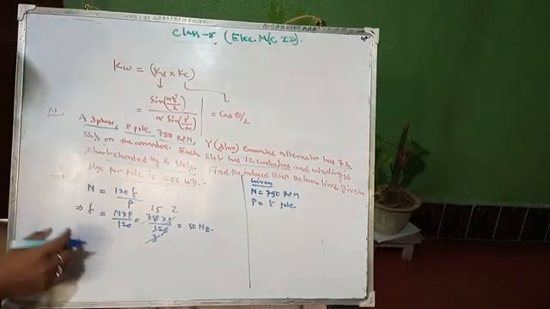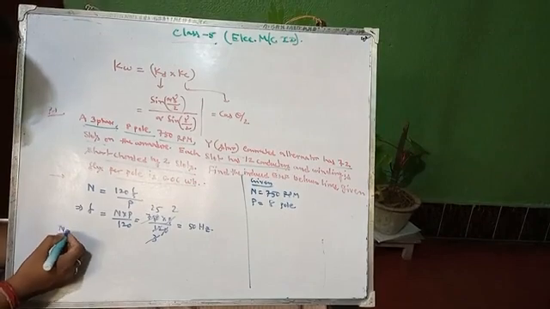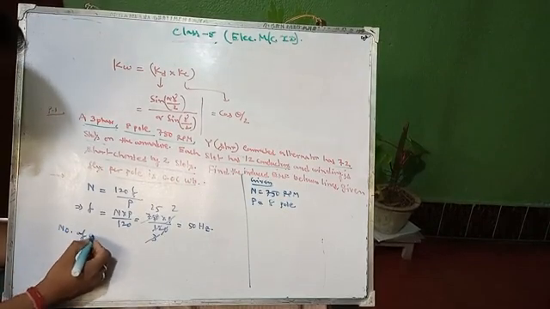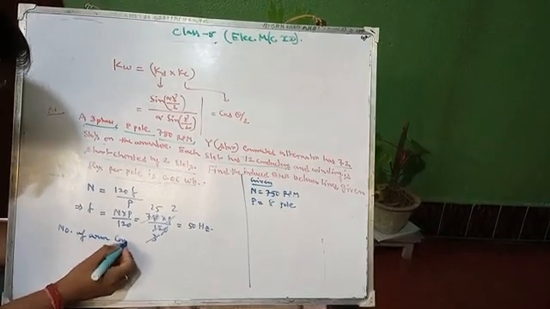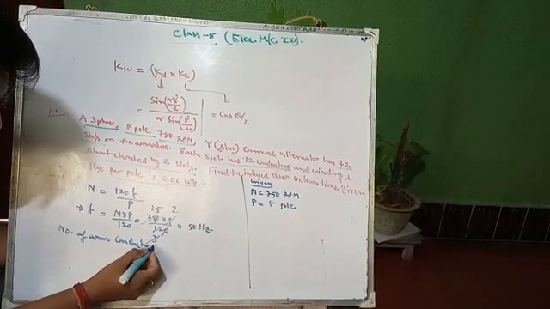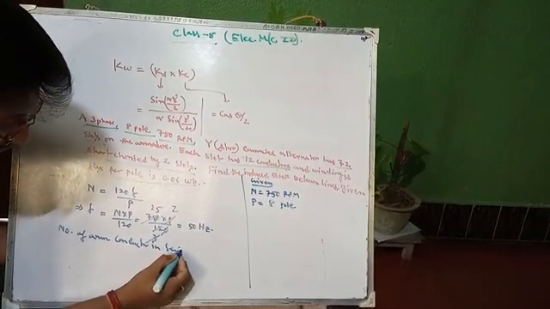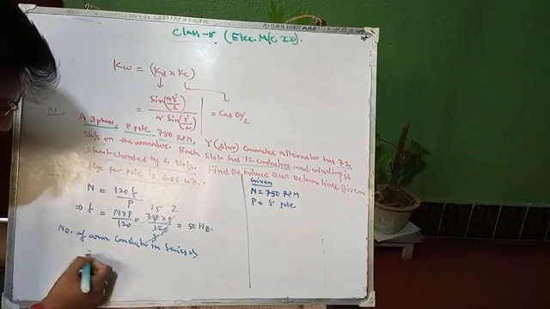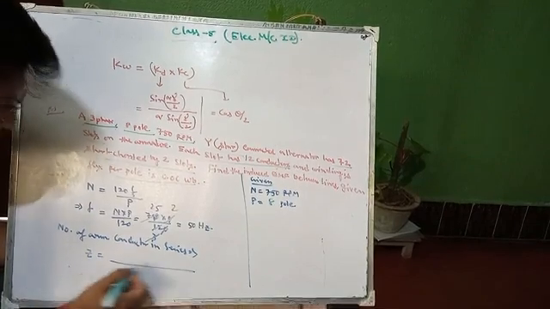Next, write the number of armature conductors in series. You have to find Z, right? So what is the formula?